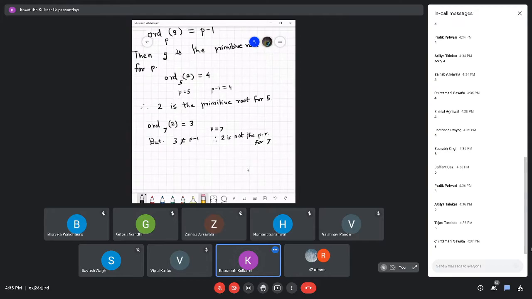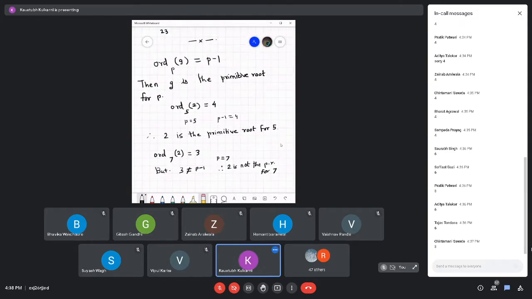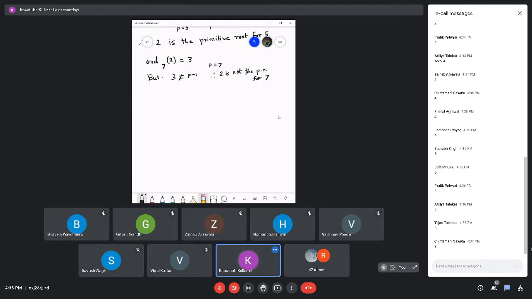Now what happens for a primitive root is, there is an observation. If we consider all powers of 2 mod 5, because we know that 2 is the primitive root for 5, 2 raised to 0 is congruent to 1.